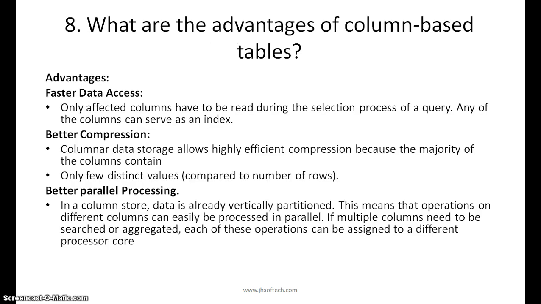So what are the advantages of column-based tables? Faster data access, as I was just discussing with you. Only affected columns have to be read during the selection process of a query, and any of the columns can serve as an index. Column-based storage allows highly efficient compression, because the majority of the columns contain only a few distinct values, and better parallel processing. In a column store, data is already vertically partitioned.